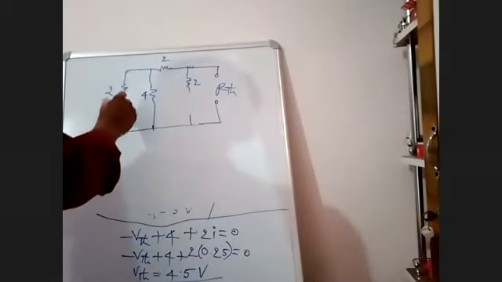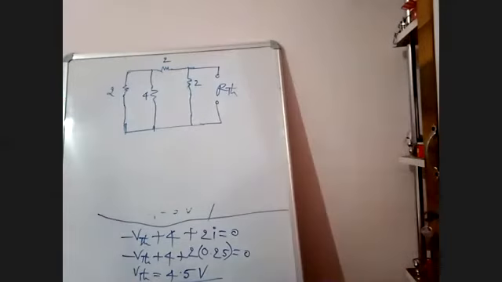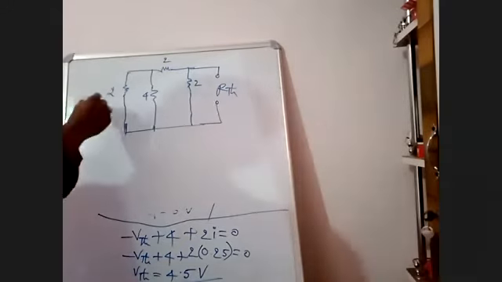I'm short circuiting all the voltage sources. Two voltage sources are there. Short circuit these two voltage sources. If RTH is this side, you have to calculate from the opposite side.